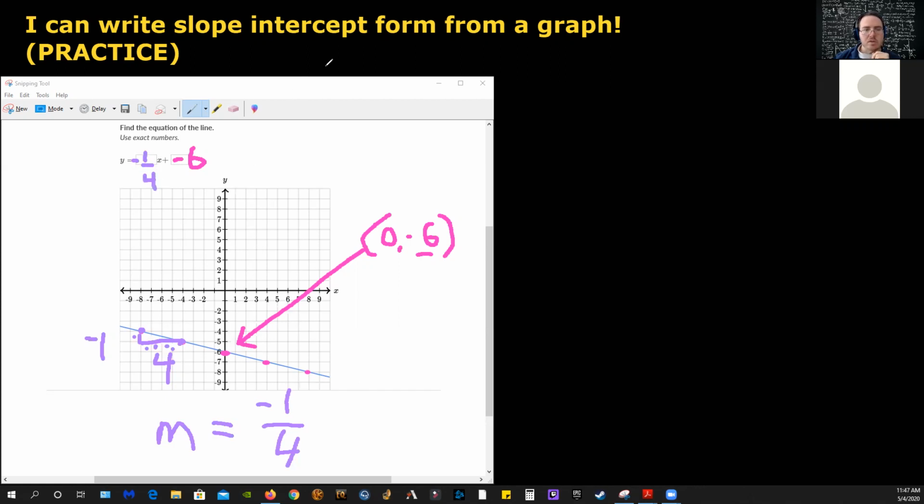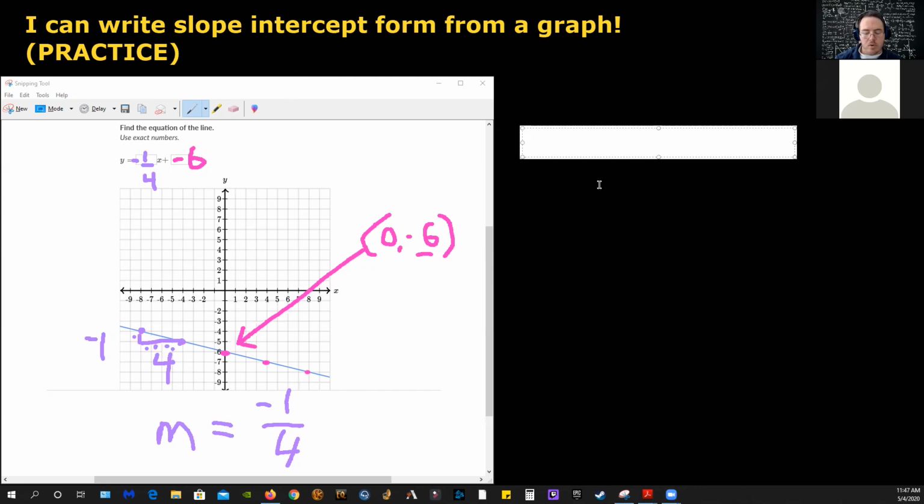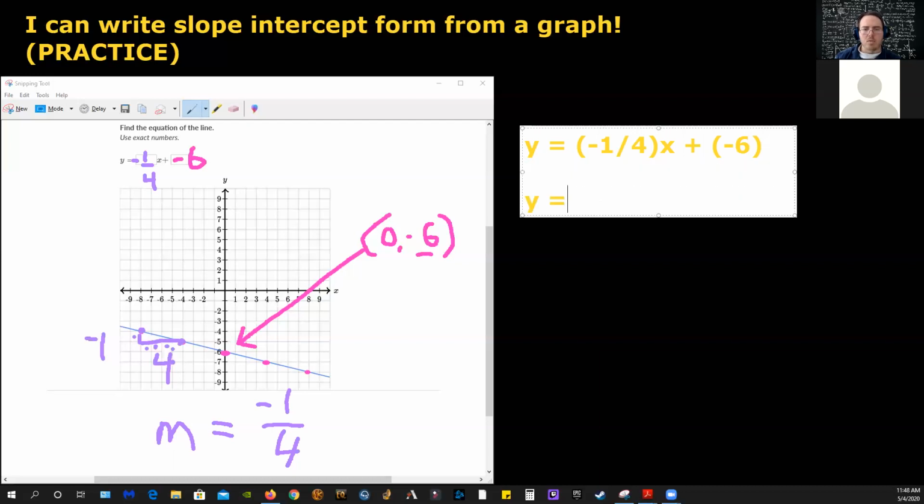So there's a few different ways you can type this for credit. I would accept y equals -1/4. You probably want to nest this in parentheses. (-1/4)x, you can say plus a -6. I would accept that. I would accept y equals -1x over 4 plus a -6, because if you multiply the fraction times x, you put it in the numerator.